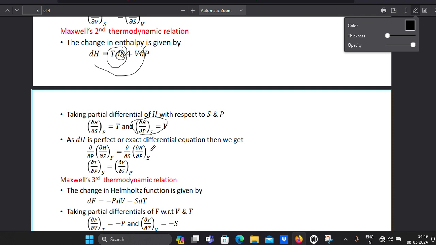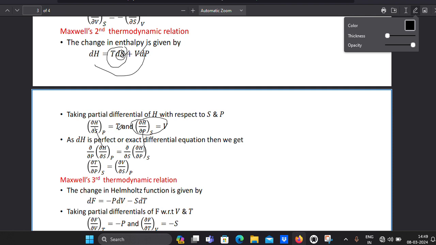Now, how do we use the exact differential equation? Exact means equal, or a perfect equation. Take this here and this here. With the constant you have here, differentiate this one; with this constant, differentiate the other, partial differentiation, and make them equal. This is an exact or perfect differential equation.